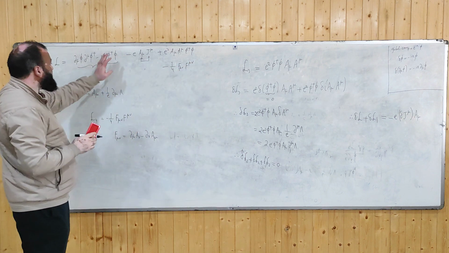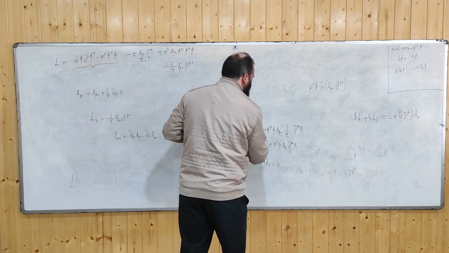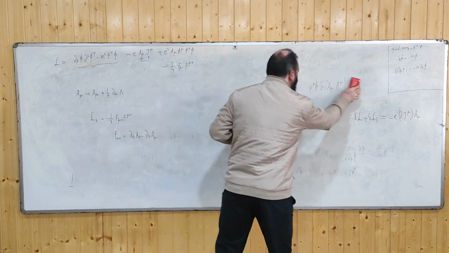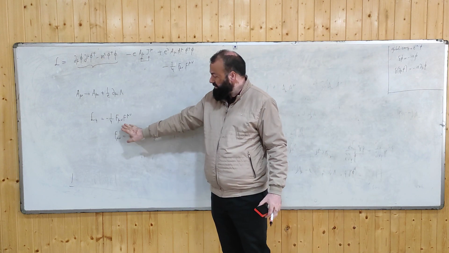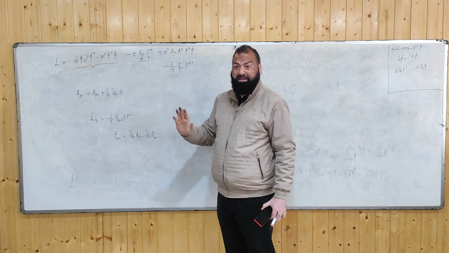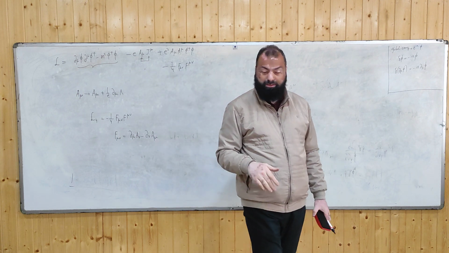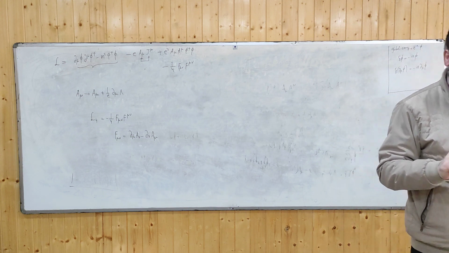Clear? So now let's rewrite this Lagrangian in a beautiful form. What is the field I have introduced? This is a gauge field. I call this A a gauge field because it arises due to what? Invariance under local gauge transformation.